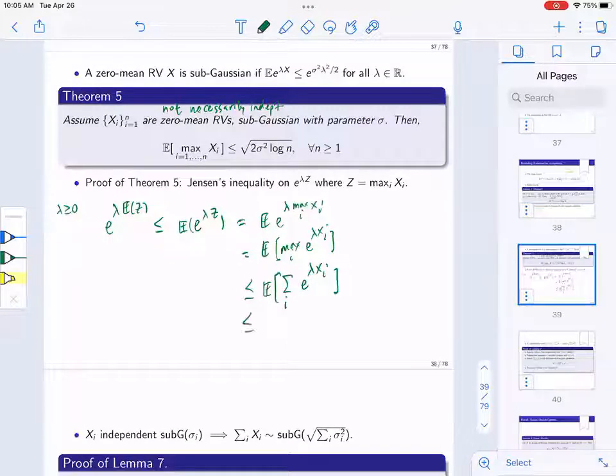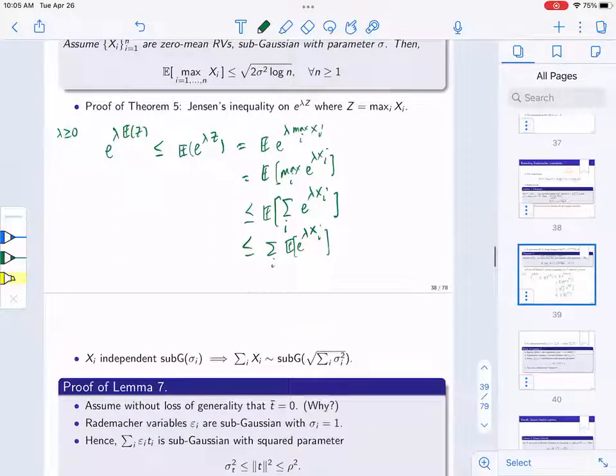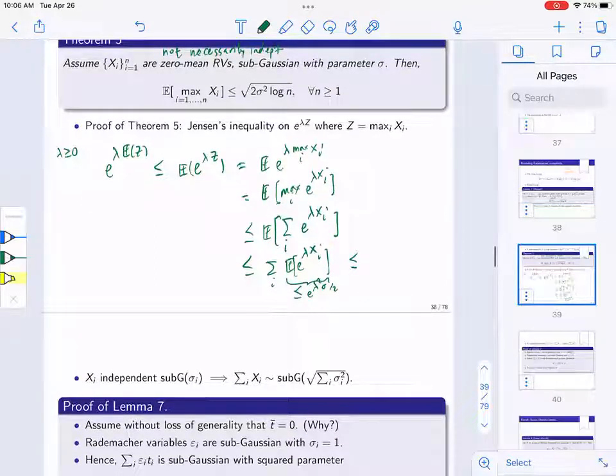Now this is bounded by the summation over i of the expectation of e to the lambda x_i. Now we use the sub-Gaussian inequality, so this is bounded by e to the lambda squared sigma squared over 2. So this is bounded by n times e to the lambda squared sigma squared over 2.